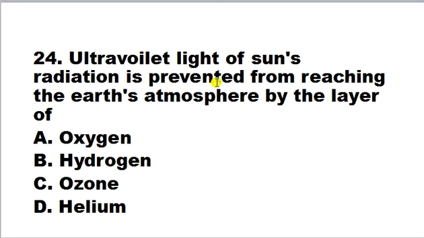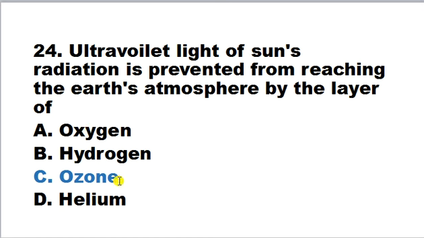Ultraviolet light of sun's radiation is prevented from reaching the Earth's atmosphere by the layer of oxygen, hydrogen, ozone, helium. So correct answer is C. Ozone is a layer present in the Earth's stratosphere, and it protects us from ultraviolet radiation.